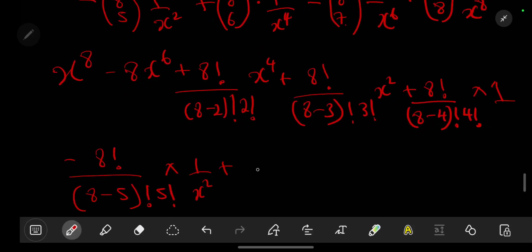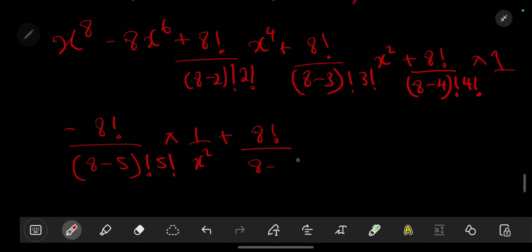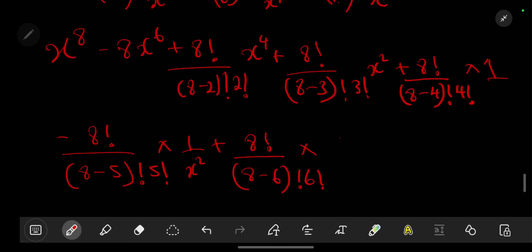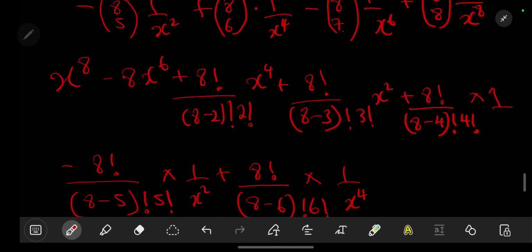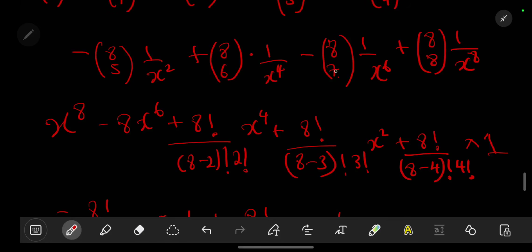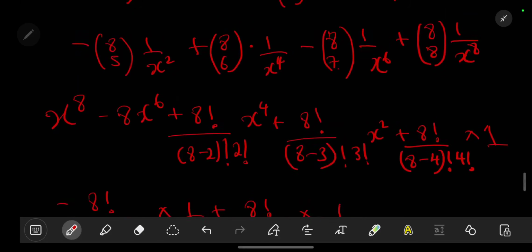Then we have plus our 8 factorial over our 8 minus 6 factorial, 6 factorial, it's a lot of work, times 1 over x to the power 4. Then the next one is 8 combination 7, it's 8 itself.